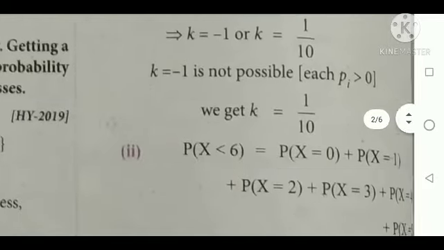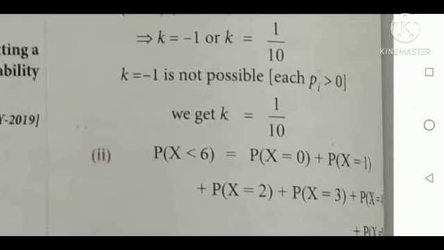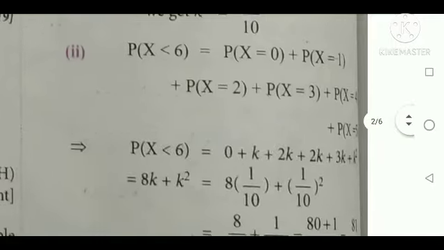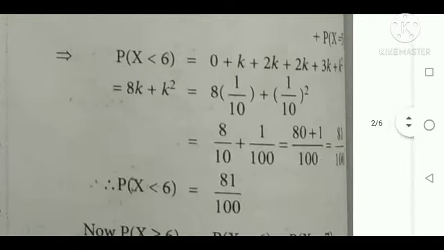Now find p of x less than 6, which is p of x equal to 0 plus p of x equal to 1 plus p of x equal to 2 plus p of x equal to 3 and p of x equal to 5. We are getting 8k plus k square. Substituting the k value, 8 into 1 by 10 plus 1 by 10 whole square, we get 81 by 100.